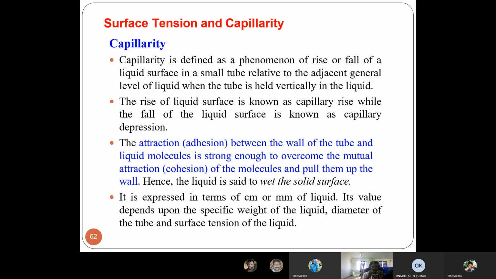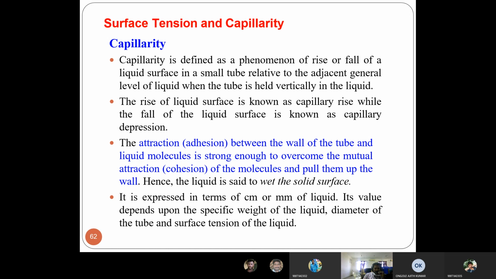depression. Understand? The attraction, that means adhesion, between the wall of the tube and liquid molecules is strong enough to overcome the mutual attraction, that is the cohesion of the molecules, and pull them up the wall. Hence, the liquid is said to wet the surface.